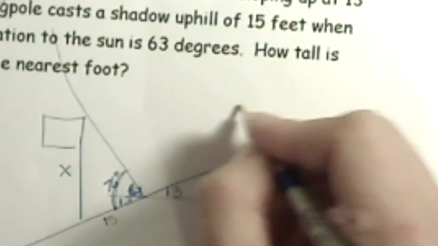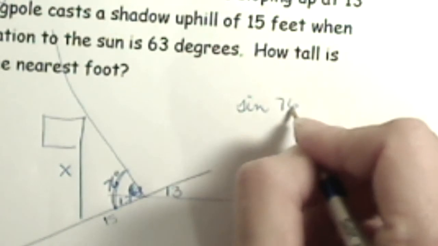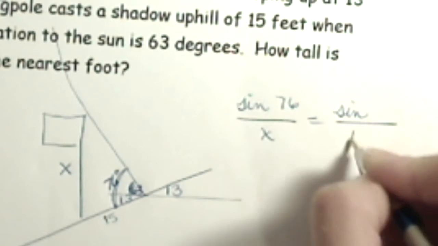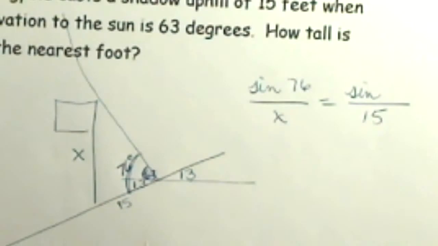So I know I'm going to have sine of 76 over the opposite side equals sine of some angle over 15. Sine of 76 over x, sine of this angle over 15.